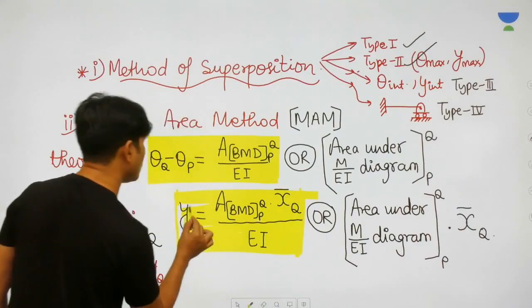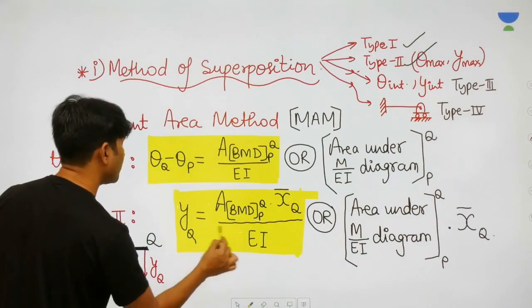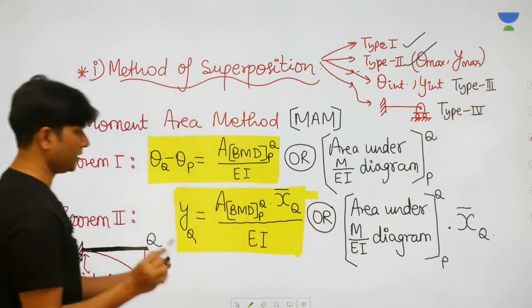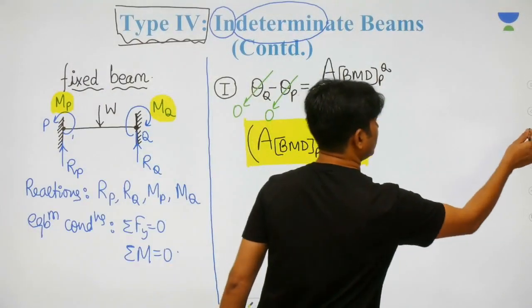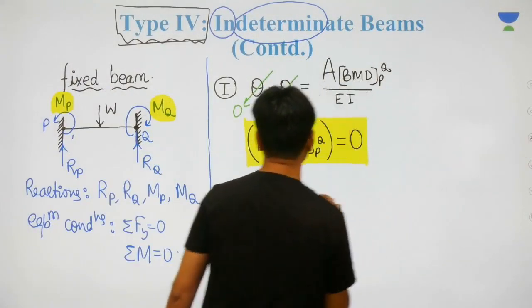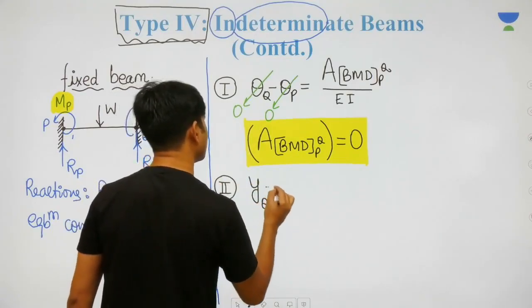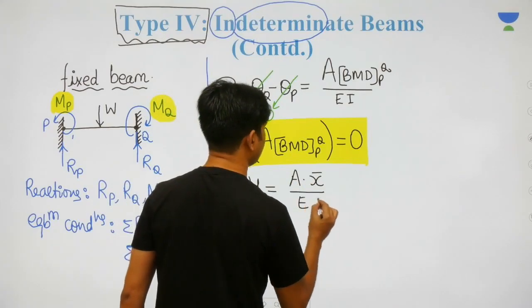Now, because at Q you have introduced a fixed support, my dear friends, YQ becomes 0. Therefore, let me take the second theorem. The second theorem says that YQ is equal to area into X bar divided by EI.